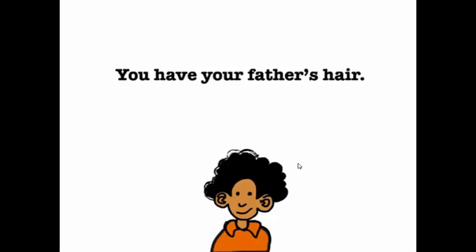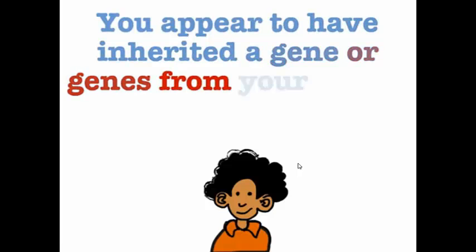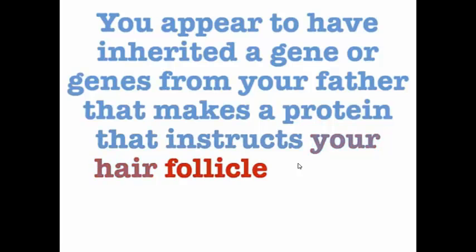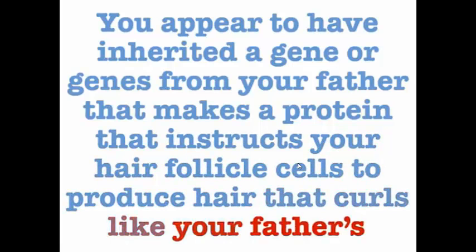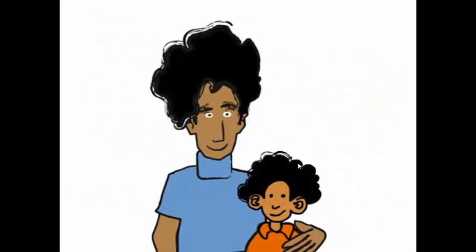When someone says, "You have your father's hair," what they mean is, you appear to have inherited a gene or genes from your father that makes a protein that instructs your hair follicle cells to produce hair that curls like your father's. But they usually opt for the shorter version.